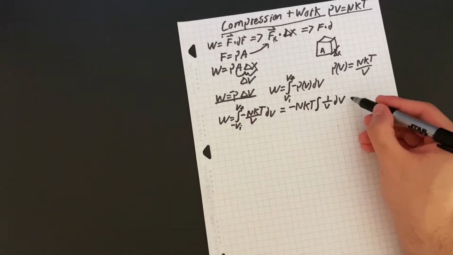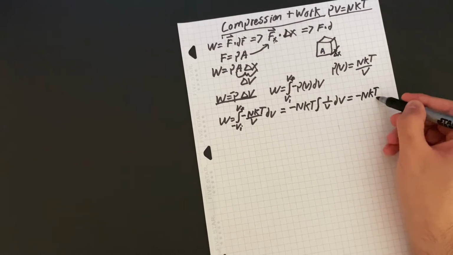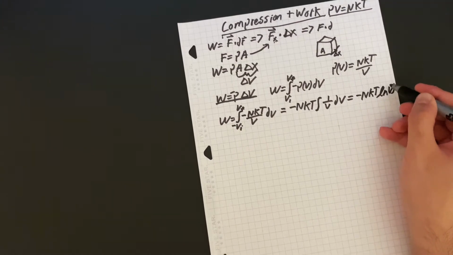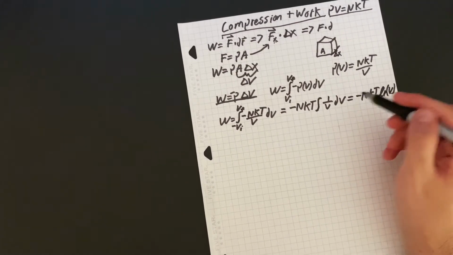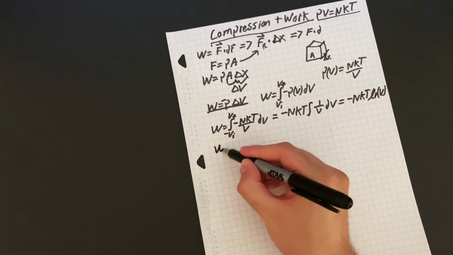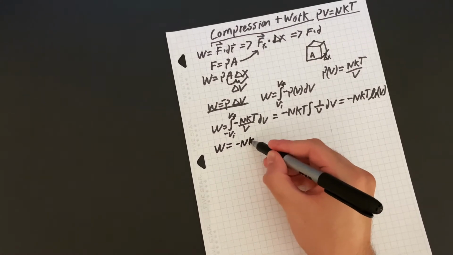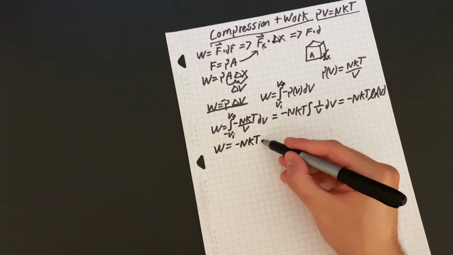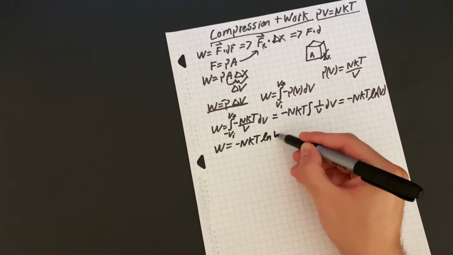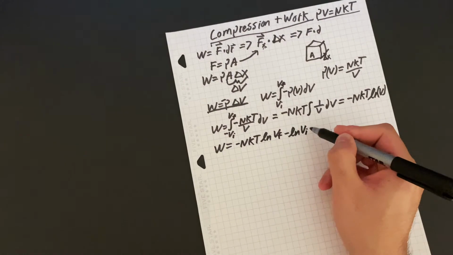So minus n k t natural log of v. And I'm running out of room here, but I would write these limits as well. Let's just go for it. Work equals minus n k t natural log of v final minus natural log of v initial.